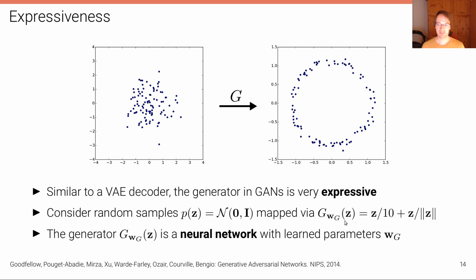In this case, we have chosen this function for the purpose of this illustration, but in the context of GANs, this mapping is a neural network with parameters W_G that are learned during training. That can result in much more complex distributions through the same principle: taking a random sample from a very simple distribution and pushing it through a very complex, nonlinear deterministic mapping G.